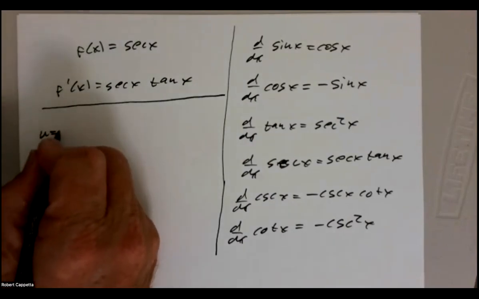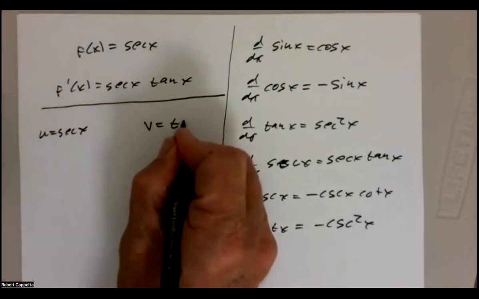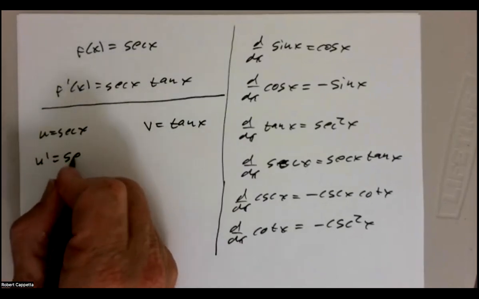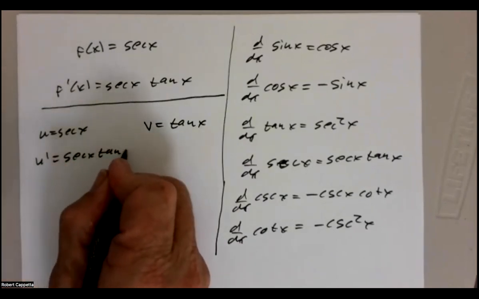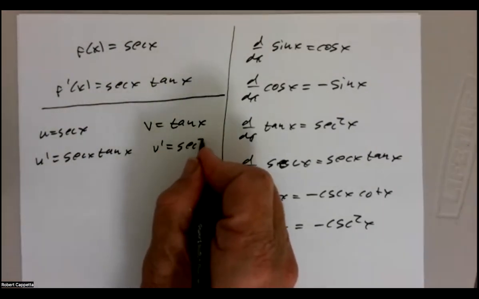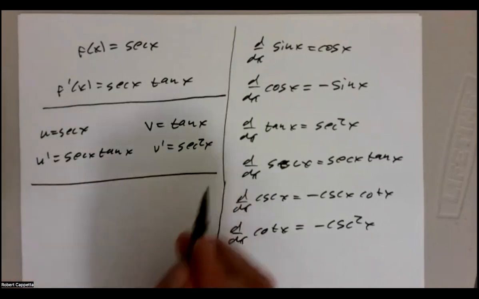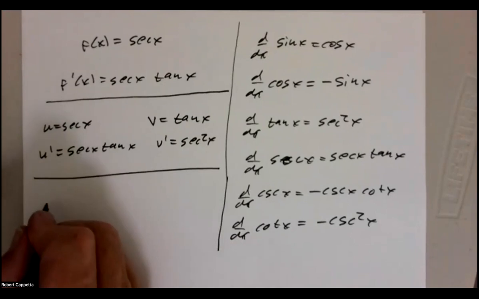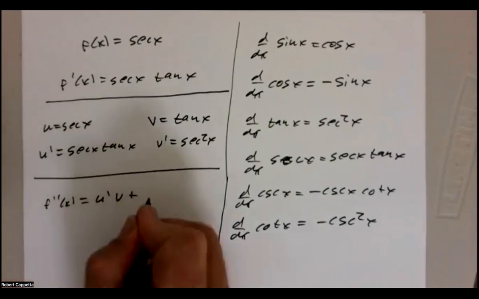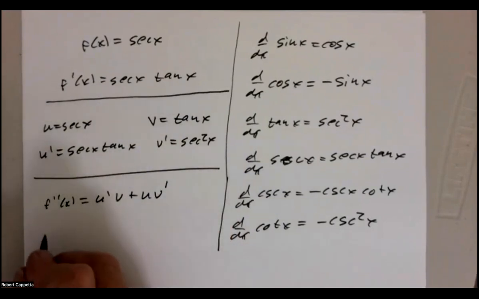So u is secant x, v is tangent x. U prime is sec x tan x. V prime, derivative of tangent x, is secant squared x. So what's my answer going to be? F double prime of x is going to be u prime v plus uv prime, our favorite product rule. U prime v, what do we get?